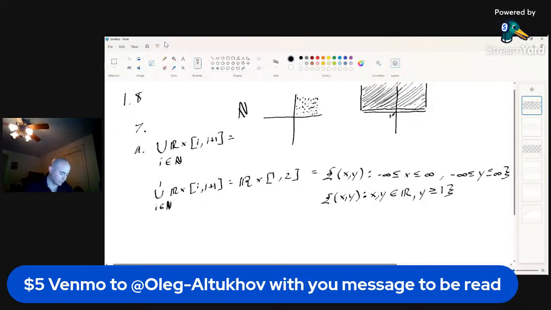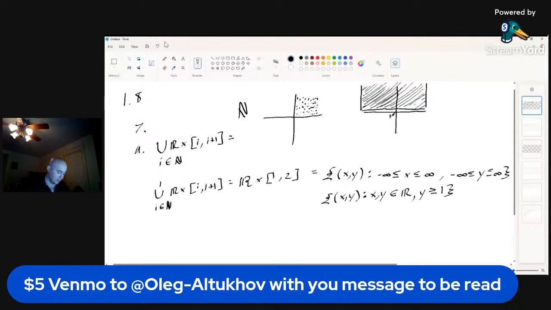Okay. Definition 1.8. The union is the set of x such that x is a member of A sub alpha for at least one set A sub alpha with alpha containing I, and I is not an empty set.